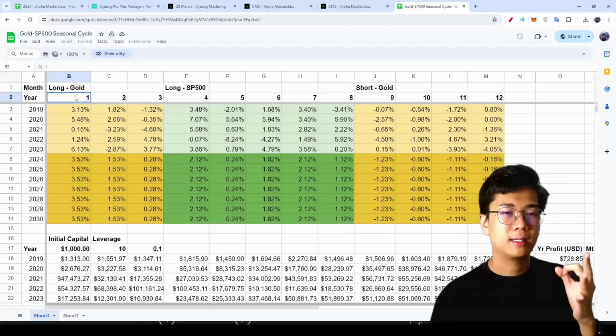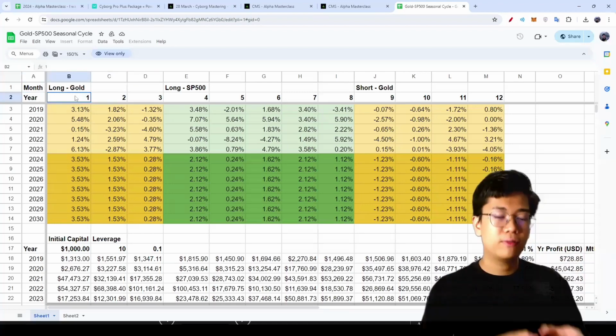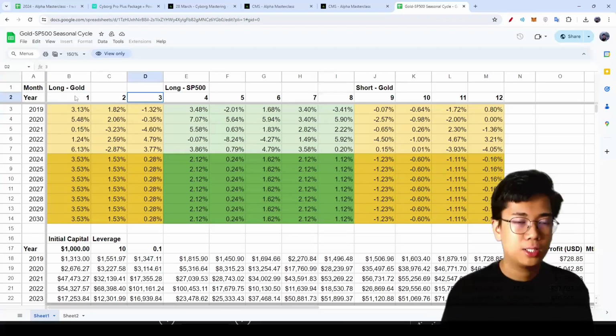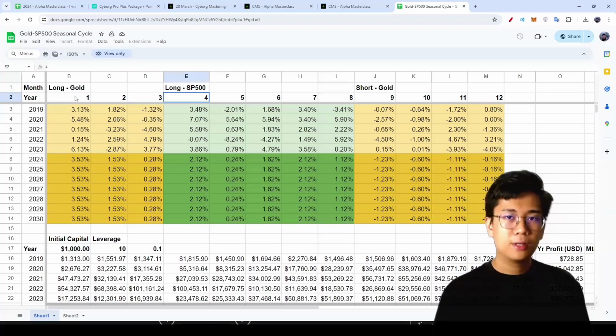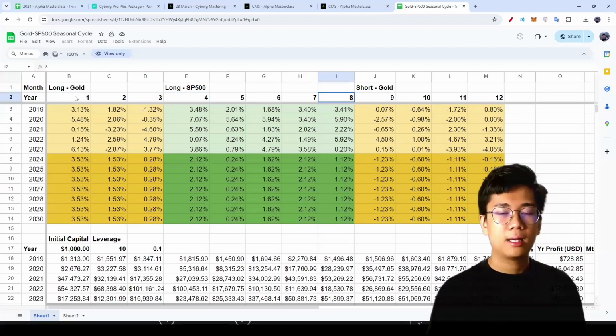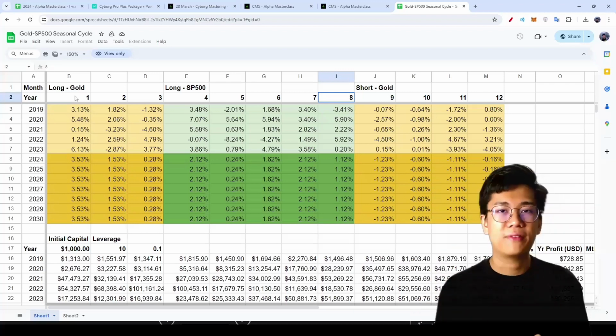From January to March, right? Meaning that from January we buy gold. March we close the buy. April we buy S&P 500. August we close the buy of S&P 500.